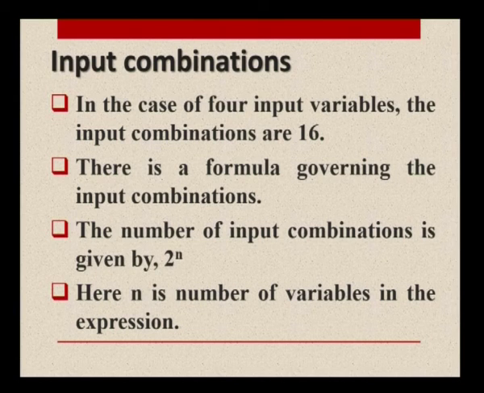There is a formula governing the input combinations. The number of input combinations is given by 2 to the power n. Here n is the number of variables in the expression. So, in a nutshell, if you increase the input variable by 1, then the combination will double in number.